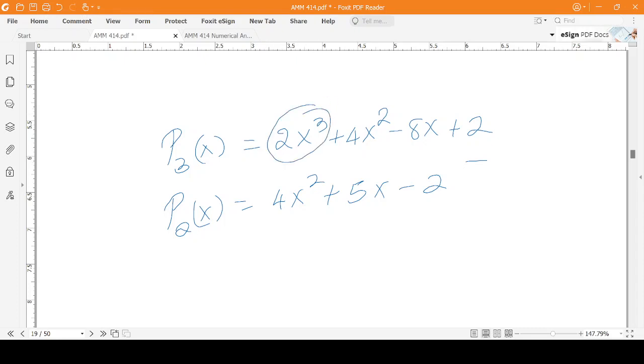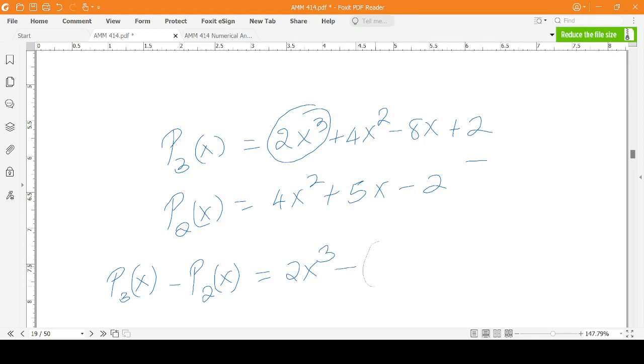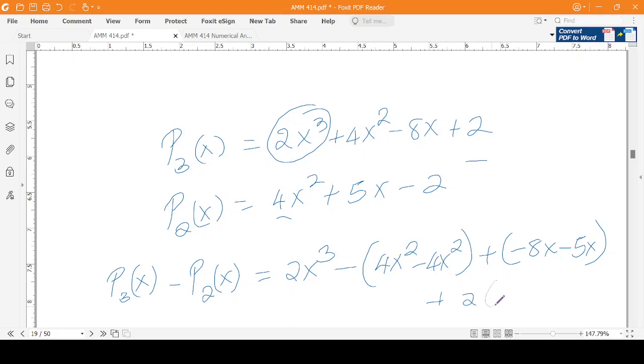It will not be affected by this difference. So when we write P3 of x minus P2 of x, we shall still have 2x raised to power 3. Now, in the next term, this is where we can have 4x squared minus 4x squared, or whatever the value is here. Then we have minus 8x minus 5x, then plus 2 minus 2.